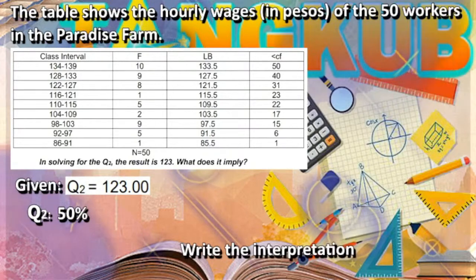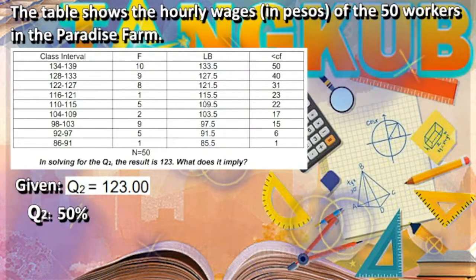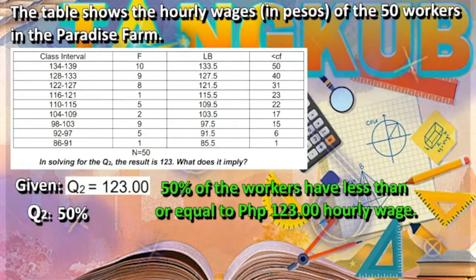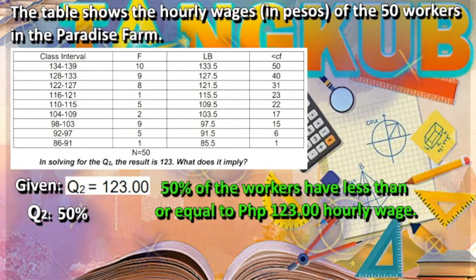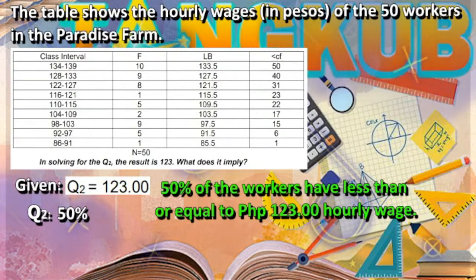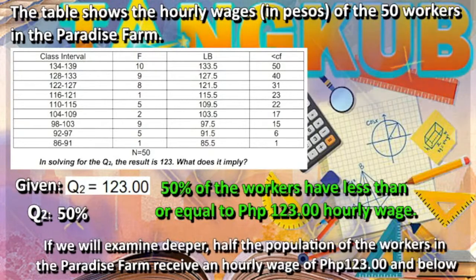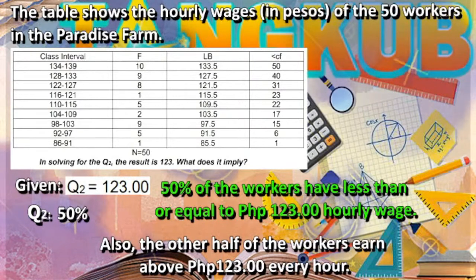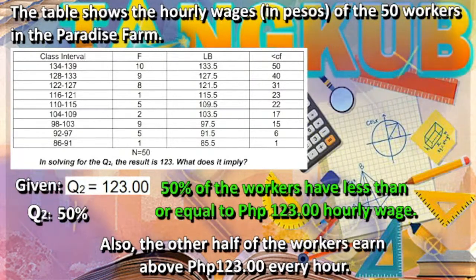Now, let us write the interpretation. This means that 50% of the workers have an hourly wage of 123 pesos and below. If we examine deeper, half the population of the workers in the Paradise Farm receive an hourly wage of 123 pesos and below. Also, the other half of the workers earn above 123 pesos every hour.